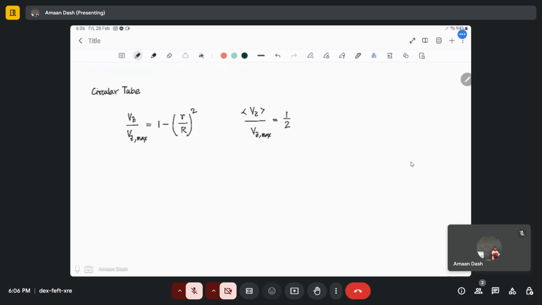These are expressions that are obtained for the laminar flow case, if you remember. So the Reynolds number is less than 2100; that is laminar.